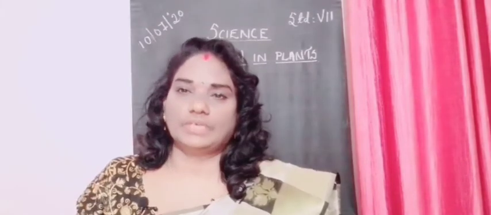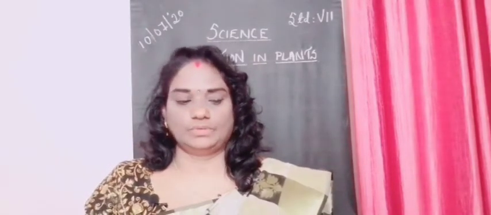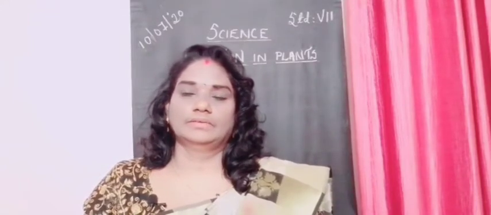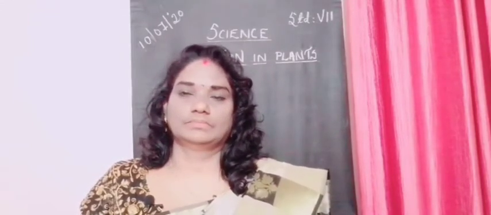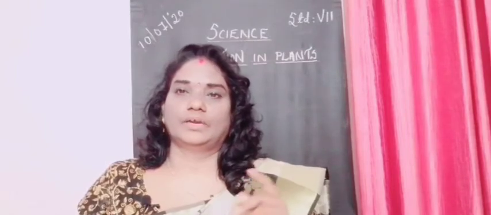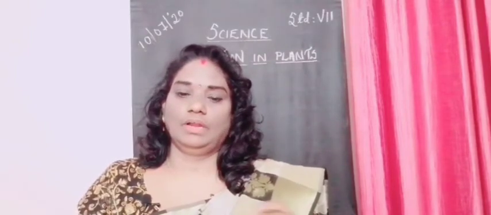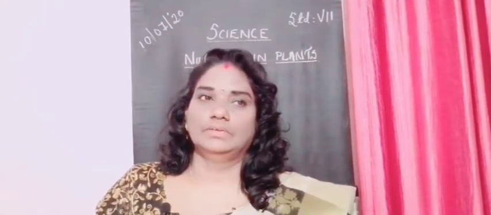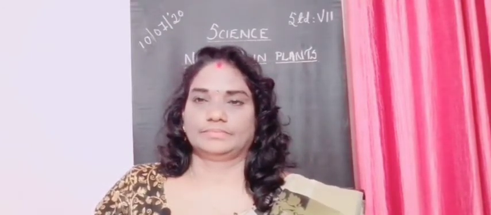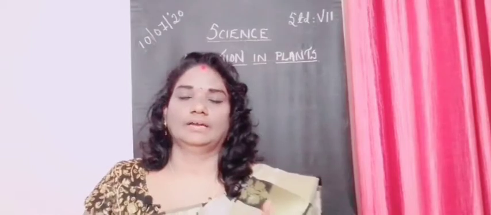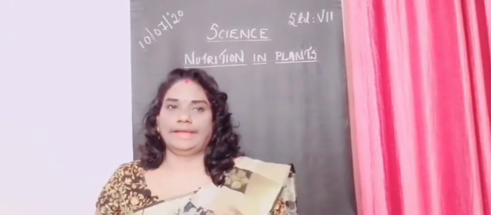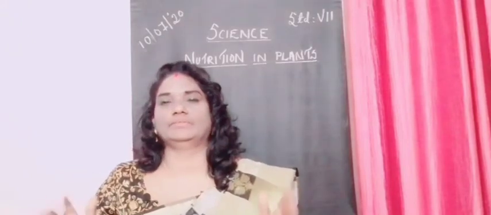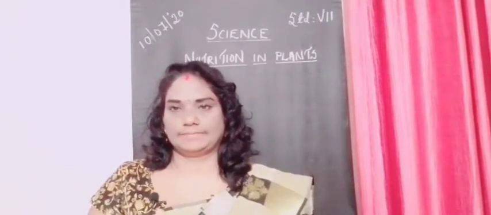See, we consume the leaves of plants, then fruits, the stem, the roots, all that in different forms we include in our diet. Isn't it? Yeah. All these grains, pulses, vegetables, fruits, everything we get from plants.